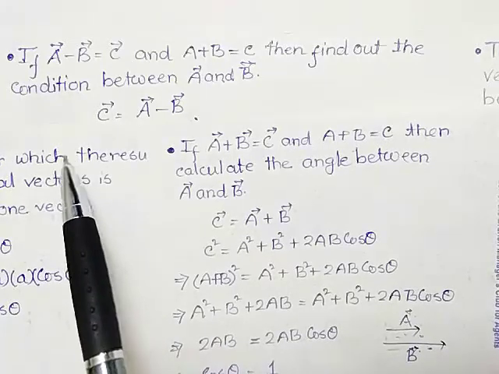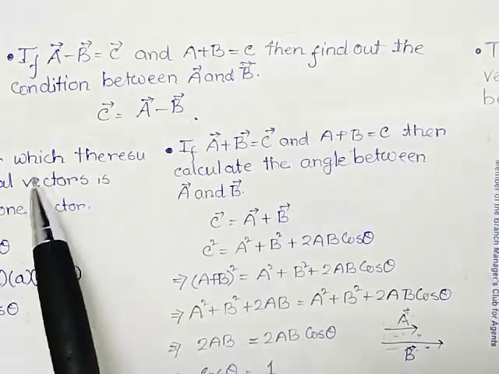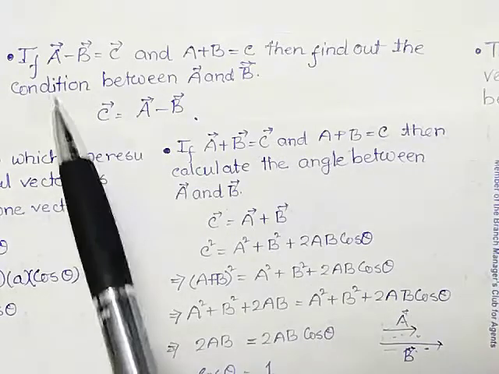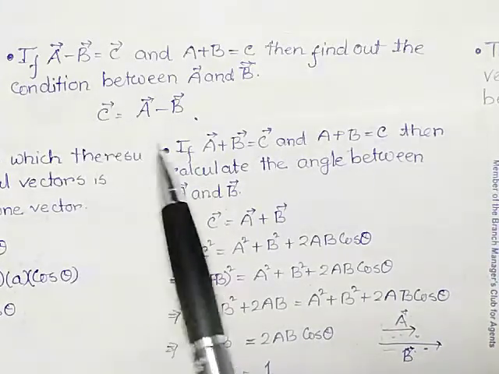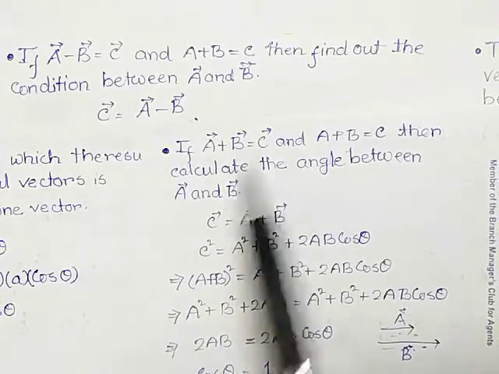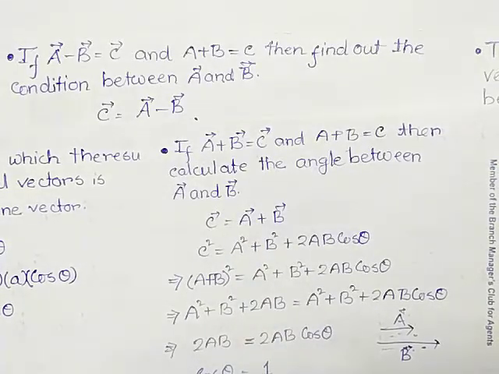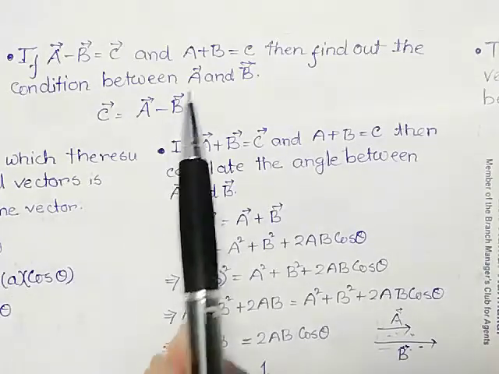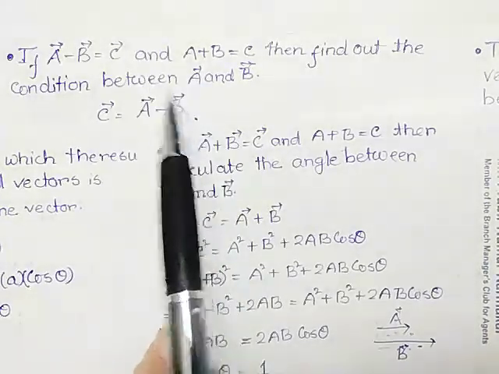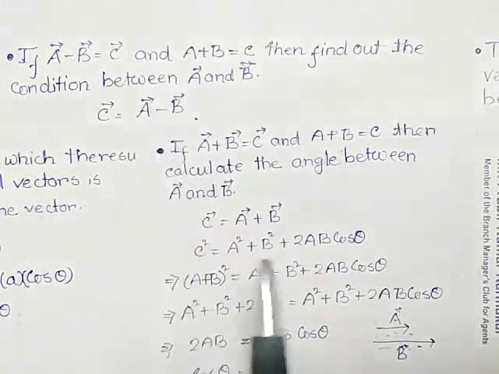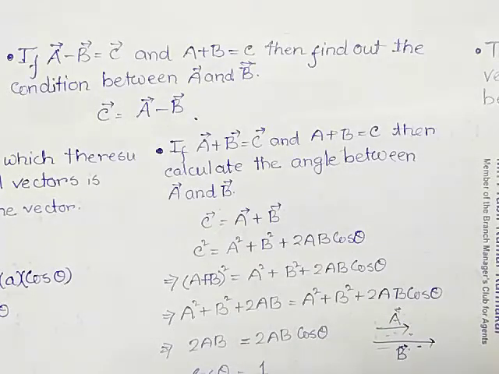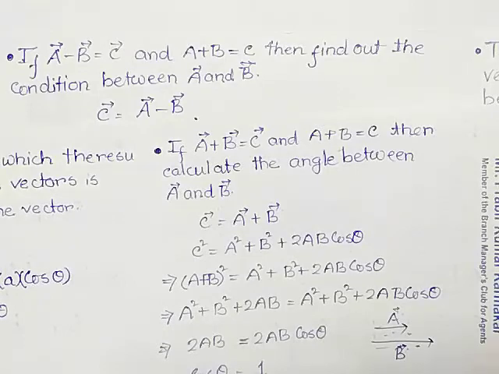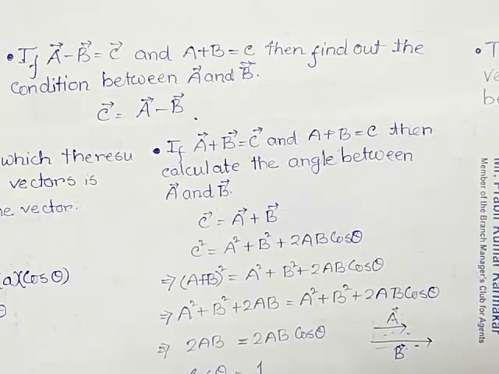I think you have understood what I want to say. A vector minus b vector equal to c vector and a vector plus b vector equal to c vector. There is only one change, but it tells lots of things. Here they are unidirectional, here they are in opposite direction. But in both cases they are parallel.